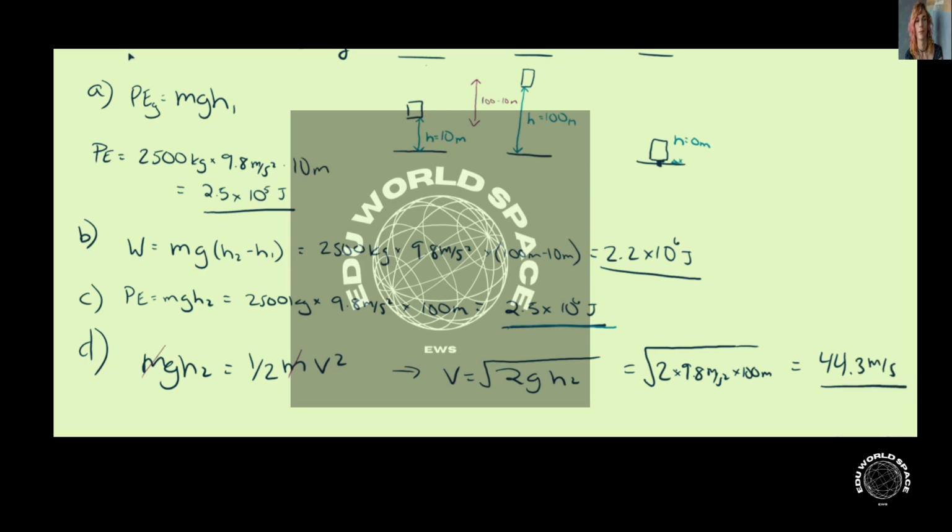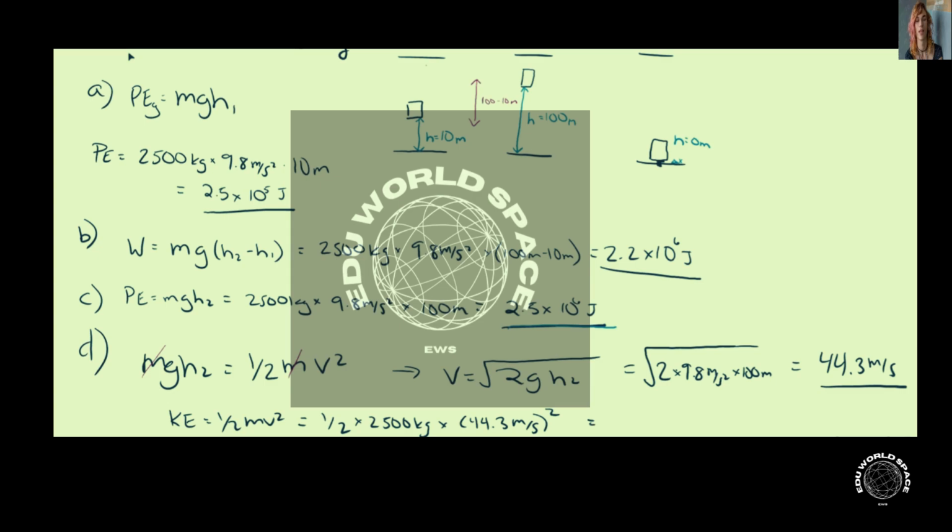So the kinetic energy here is just going to be 1/2 mv squared. And now we have our velocity, we can plug that in. So 1/2 times 2,500 kilograms times 44.3 meters per second squared.